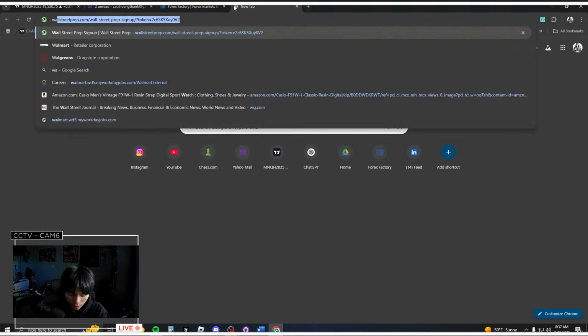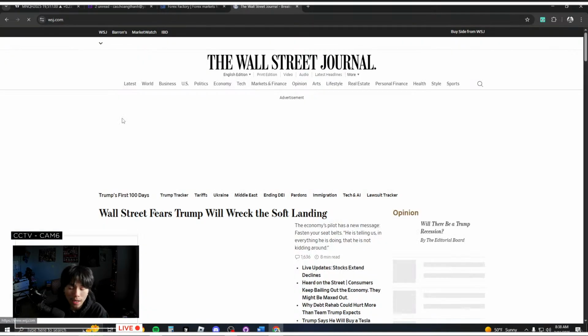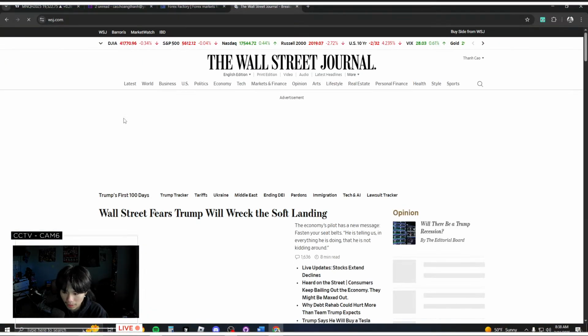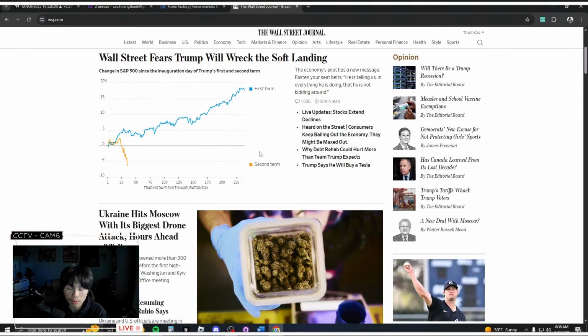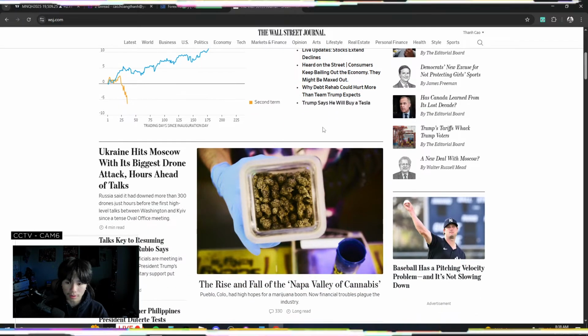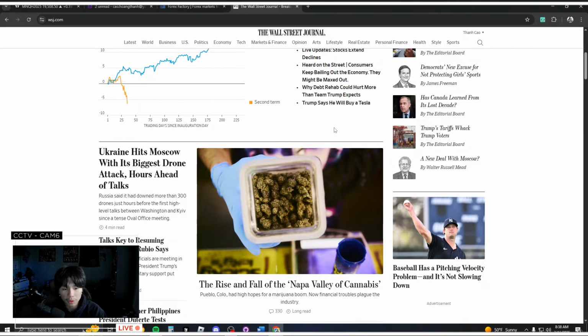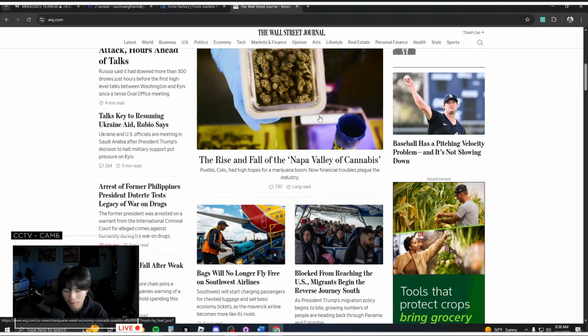Based on the Wall Street Journal, it stated that consumers are spending less, which caused airline stocks to drop. Even Tesla is dropping due to the belief that Elon Musk is putting more attention towards DOGE, the Department of Government Efficiency, and then Tesla.